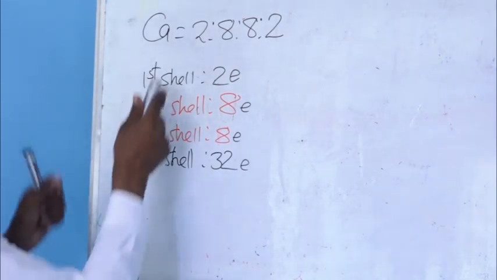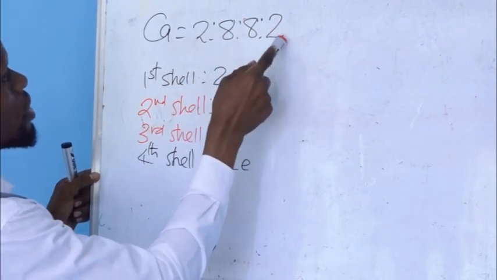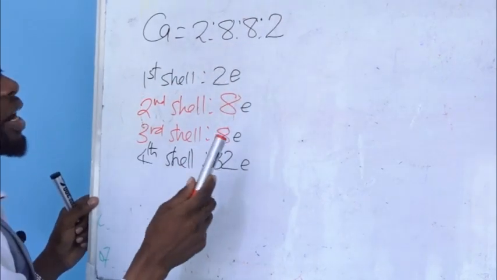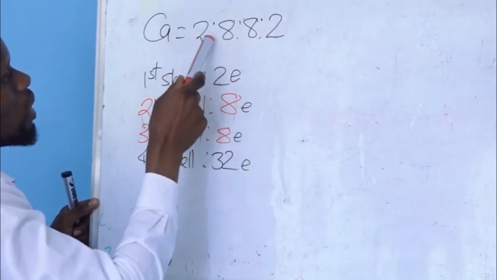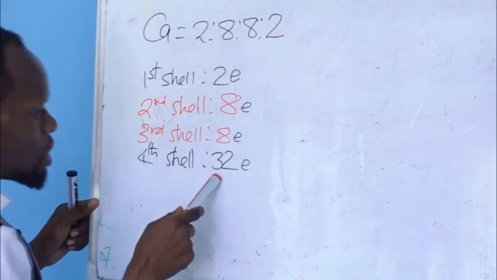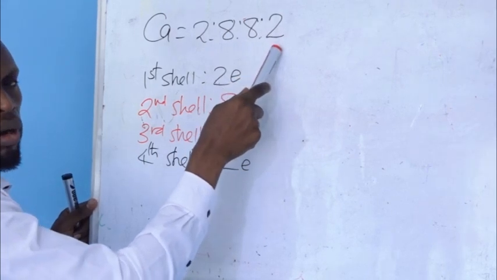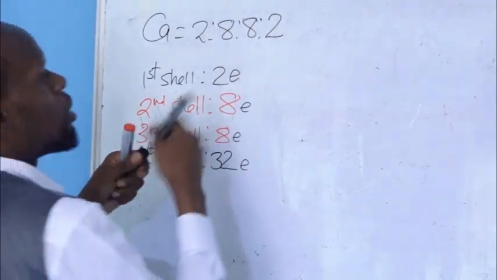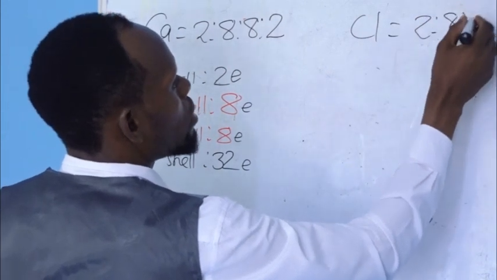So for example, here is calcium. Calcium is 2,8,8,2. It is ending with 2. The outermost shell electron is 2. Now look, the outermost shell is the fourth shell: first shell, second shell, third shell, fourth shell. The fourth shell should be 32, but it is 2. So calcium is unstable. Let me give you another example. Maybe chlorine. Chlorine is 2,8,7.